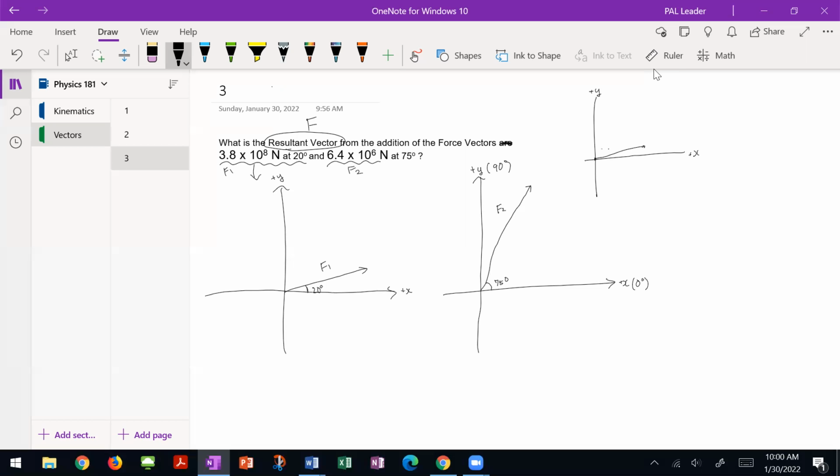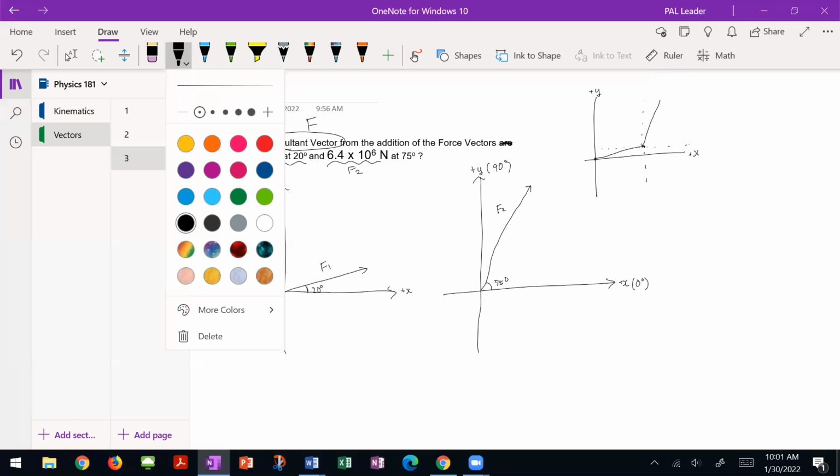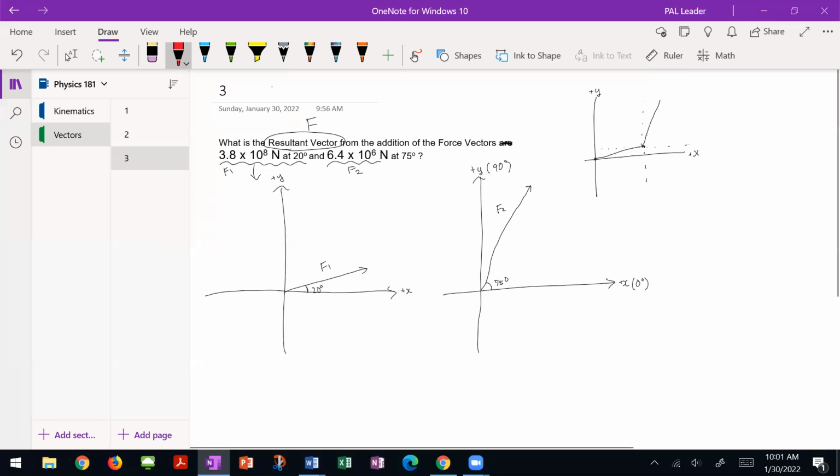Imagine you have your imaginary xy, where you're starting from the origin again, and then we're going 75 degrees from here. Those are the addition of the two vectors. So our final resultant vector should look like start to finish, something like that. That is the answer that we are looking for.